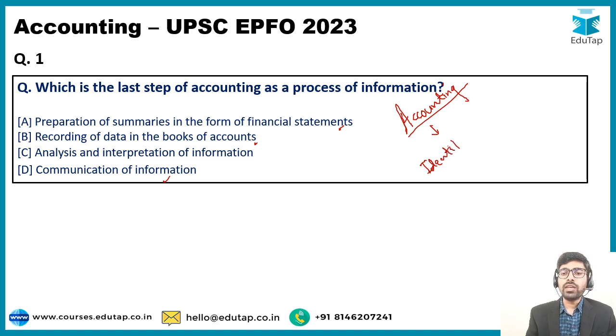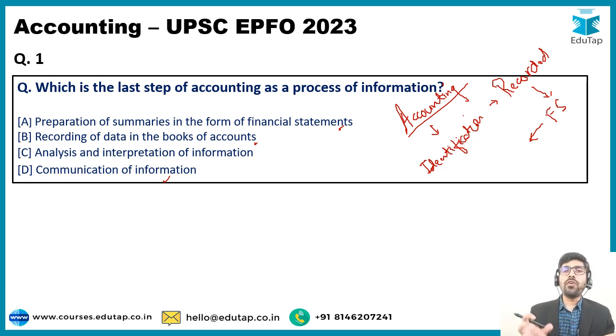After identification, these transactions are recorded in the books of accounts and finally summarized in the form of the financial statements. Then these financial statements are analyzed, different ratios are computed and all the relevant information is presented in the form of an annual report and given to the shareholders and all the relevant stakeholders of the company or the organization.